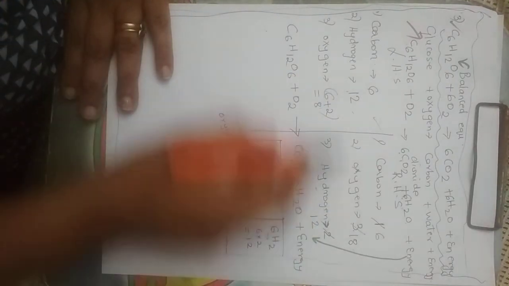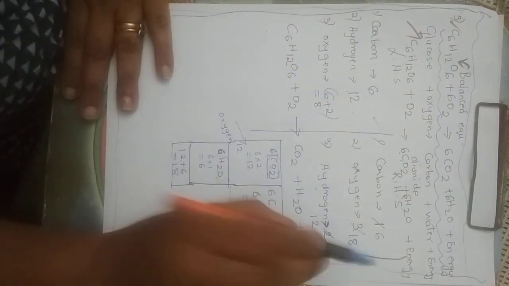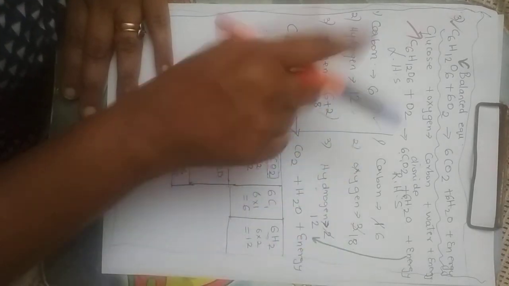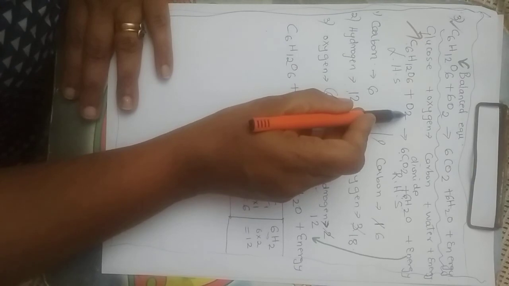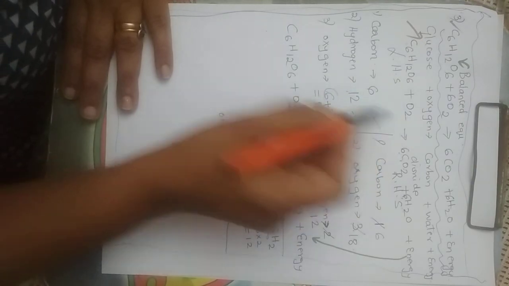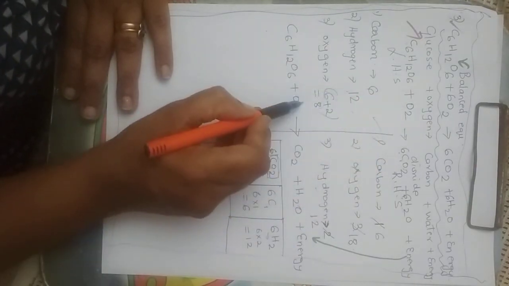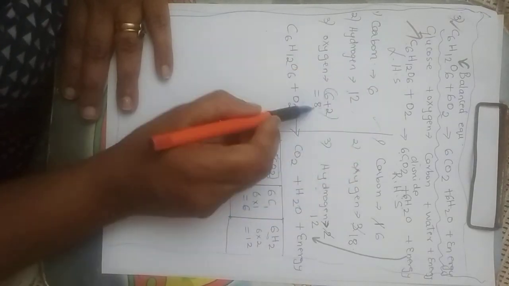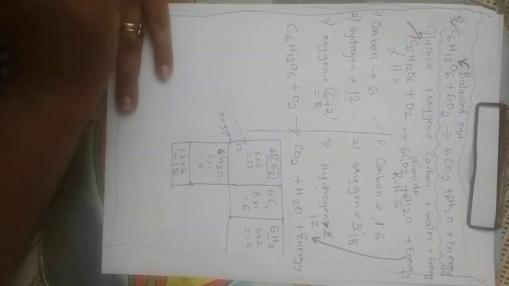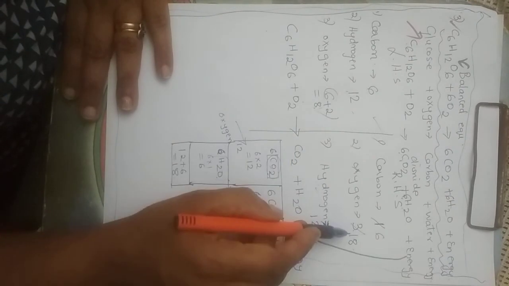Now who do I have to play with? This is already increased, so I have to come here. See, this is 6 and this is 2 and 6, and we got 8. So what to do so that I get 18?